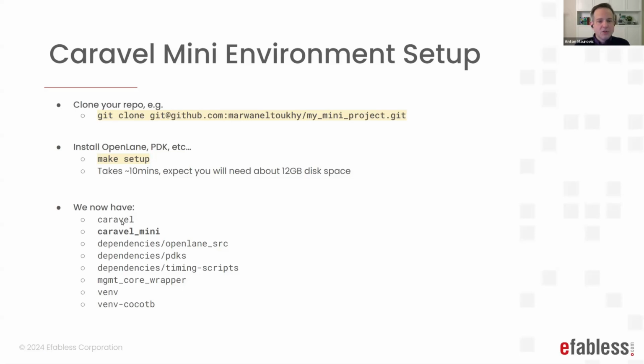What this gives you is a collection of different files which are common to most of the eFabless and chipIgnite projects, including the Caravel core itself, the OpenLane toolchain, which is what actually does the conversion from code into silicon layout, and the PDK, which is necessary for the system to know how to prepare it for the foundry to do fabrication. But the new inclusion is the Caravel Mini subdirectory as well, which includes all of the files that make this 4-panel layout work.